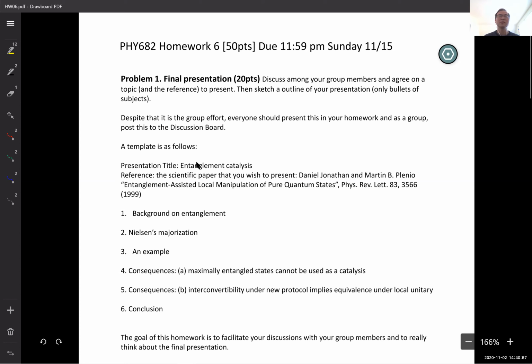For example, I listed here that maybe I want to present the topic entanglement catalysis, and the paper is this one. I'm going to talk about some background on entanglement, and maybe nuisance measurization, give some examples, mention some consequences, explain that in slightly more detail, and then conclude.